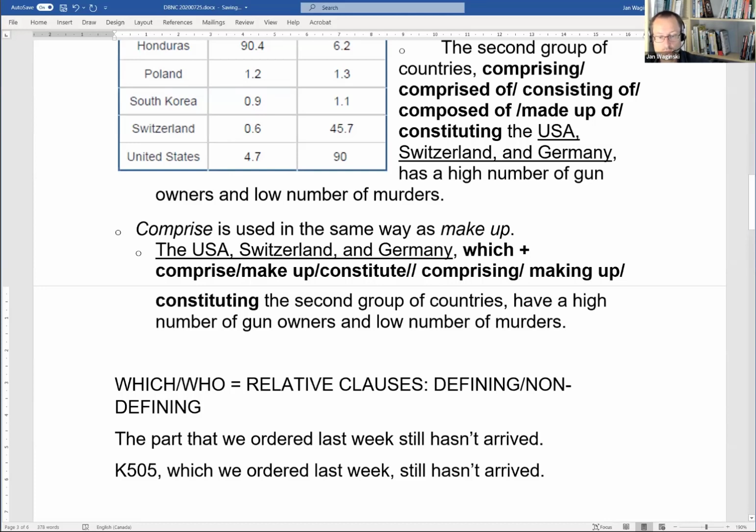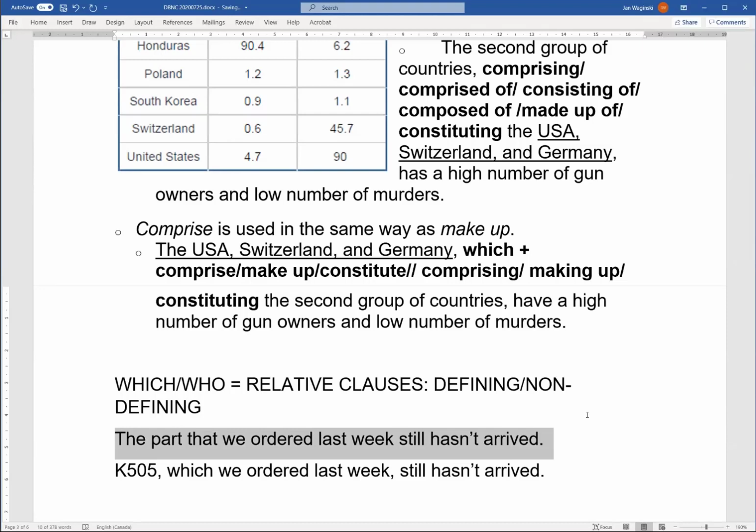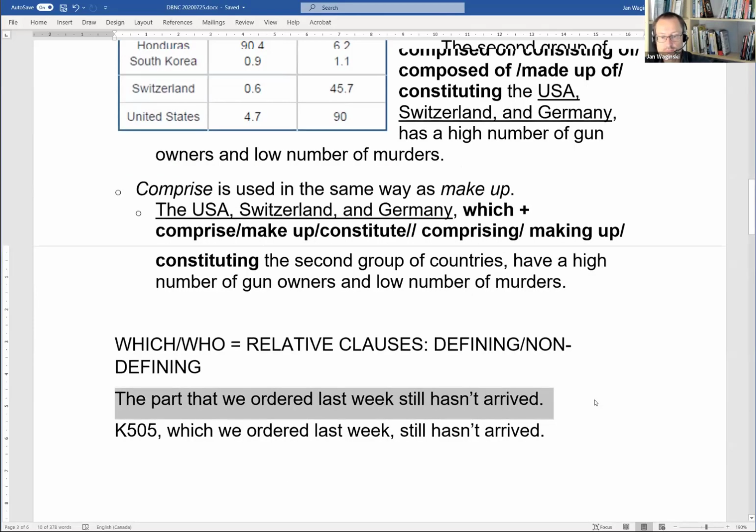You've got two. What's the relative clause in the first sentence? Hasn't arrived. It still hasn't arrived. No, that's part of the independent clause. What's the relative clause in the highlighted sentence?